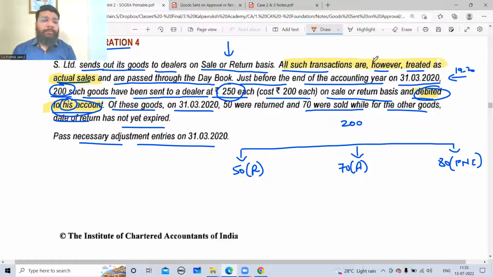Please write in the proper format in the books of S Limited, journal entries, everything should be mentioned properly, rupees wherever required, narration for all journal entries.